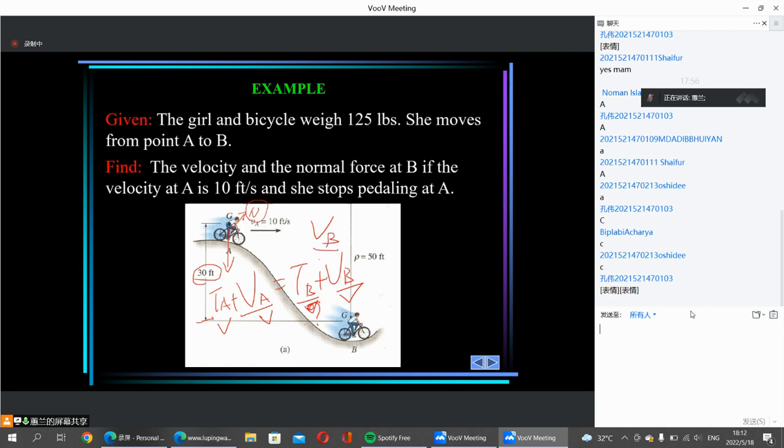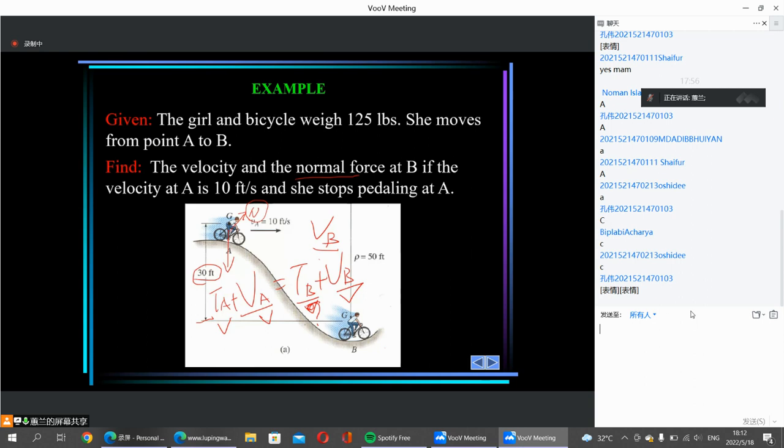We can find VB, but how can we find the normal force? We need to use the equation of motion. Just keep in mind, when you need to find a force, you always need to use the equation of motion.